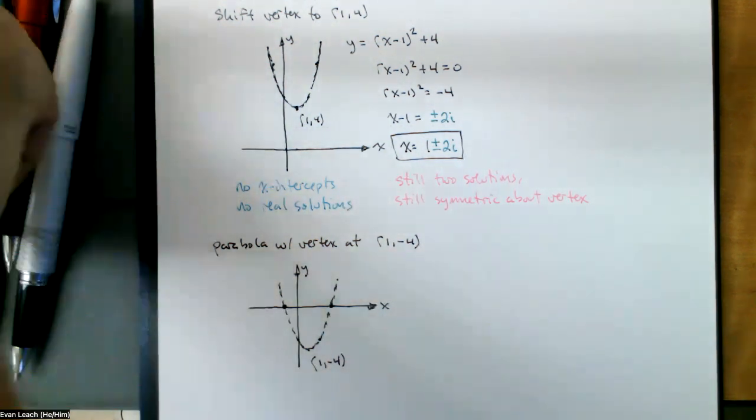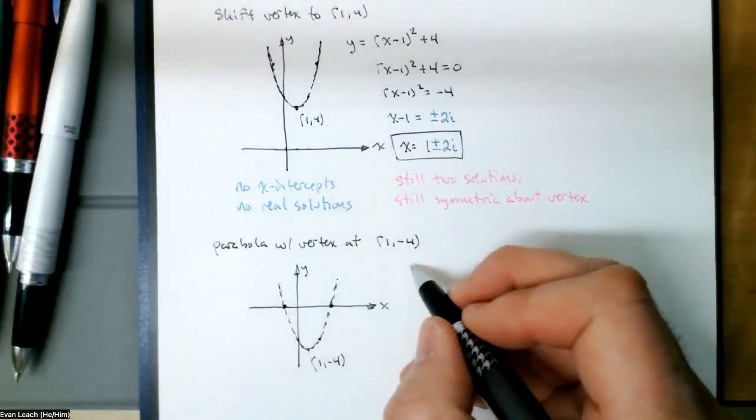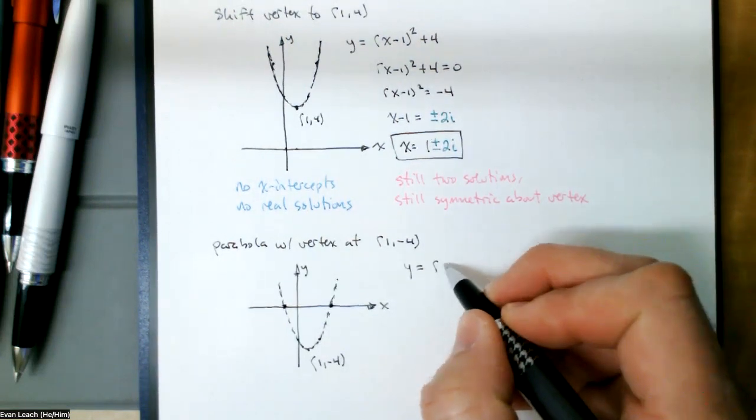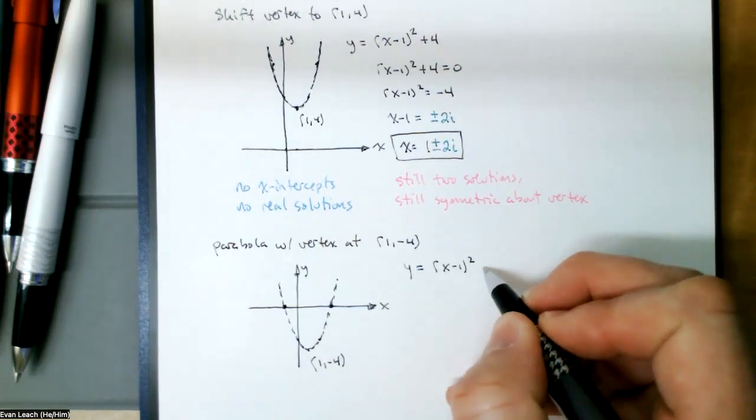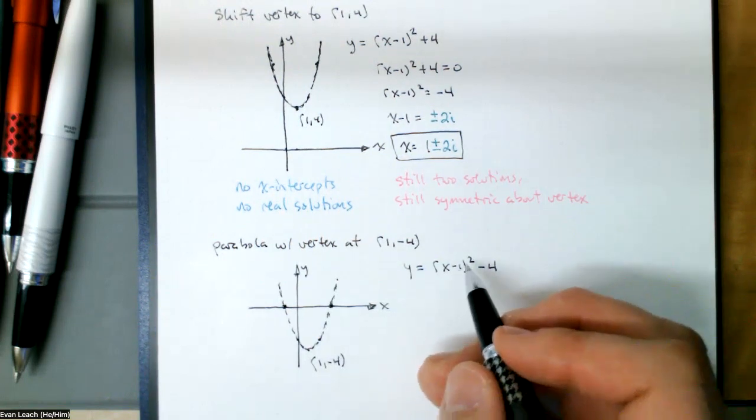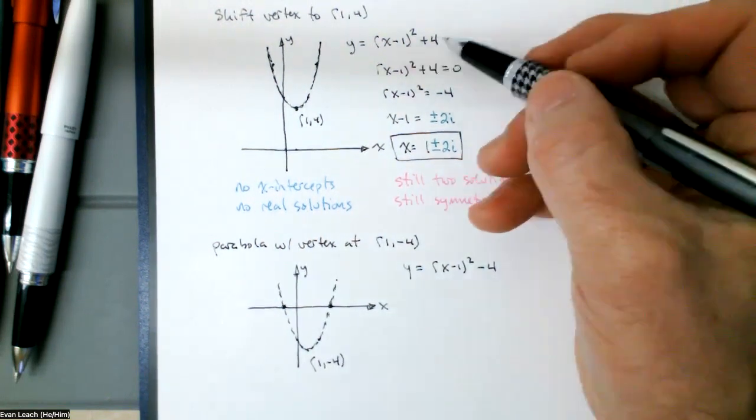The equation for this parabola will be y equals (x minus 1) squared, but this time minus 4. There's the vertex of (1, -4), rather than (1, positive 4).